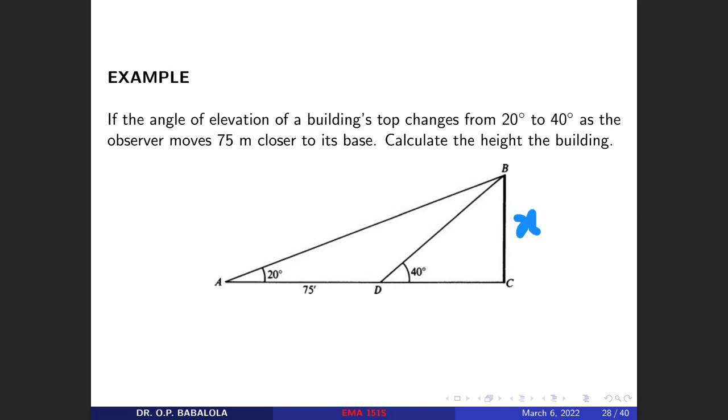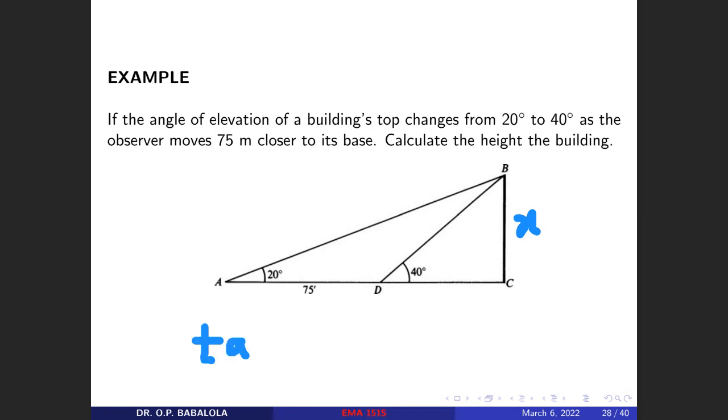What trigonometric ratio would you use to solve for X? We use tan, because we have the opposite, which is X, divided by the adjacent.